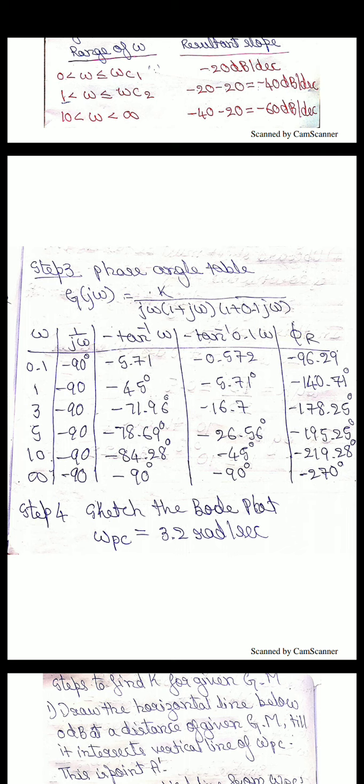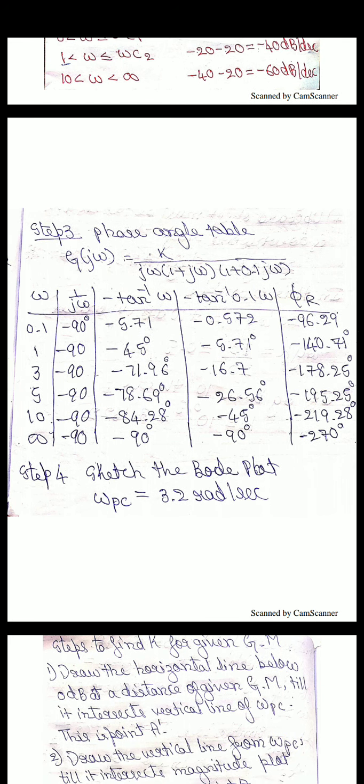Or if you get confused, write directly the omega c values 0, 1, 10, infinity. Or we can take more points so that you get the graph neatly. I have taken 0.1, 1, 3, 5, 10, infinity as omega values. Go on substituting the omega values and you will get the angles in the phase angle table.